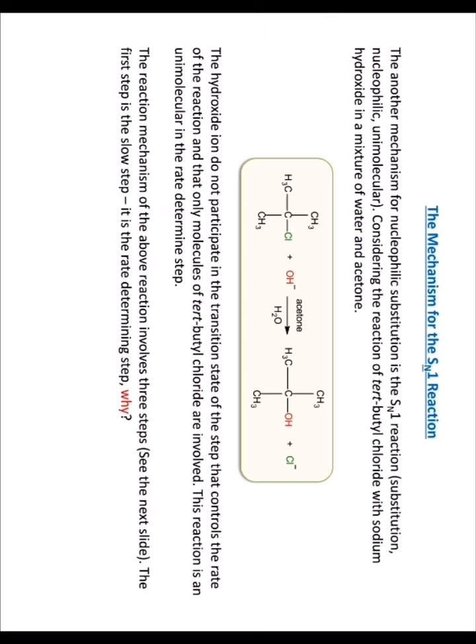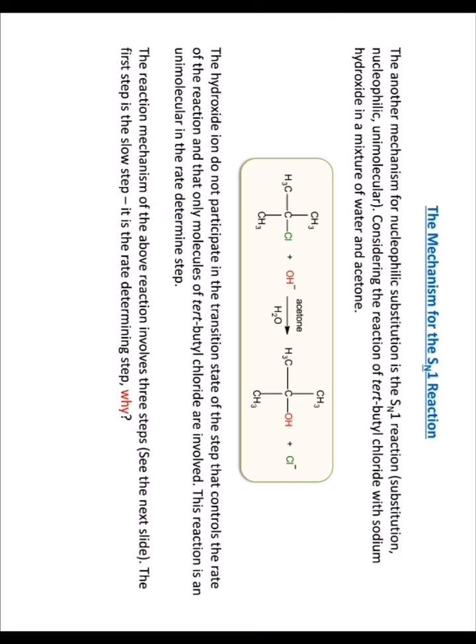and the hydroxide ion in this kind of mechanism does not participate in the transition state of the step that controls the rate of the reaction, only the tert-butyl chloride. What do we mean by the rate of the reaction? The rate of the reaction is the speed at which a chemical reaction takes place.